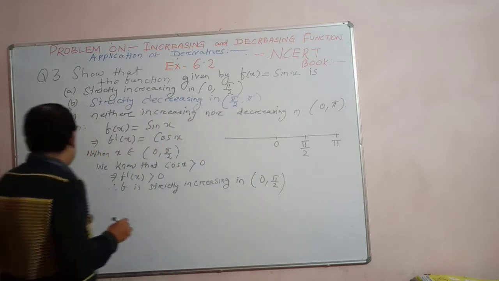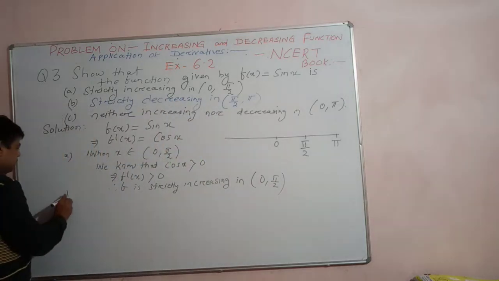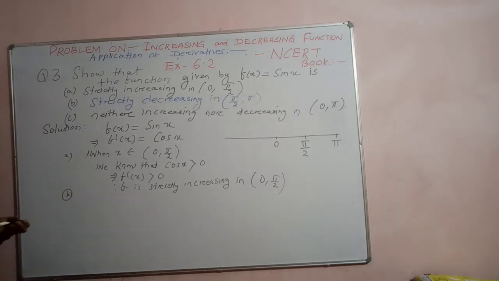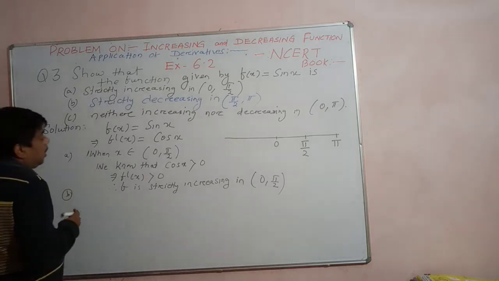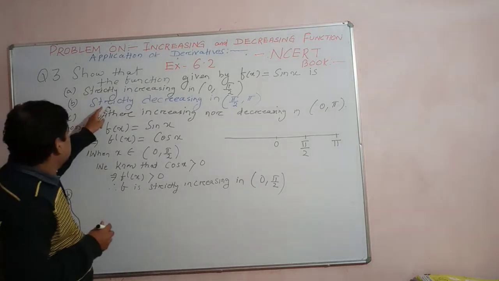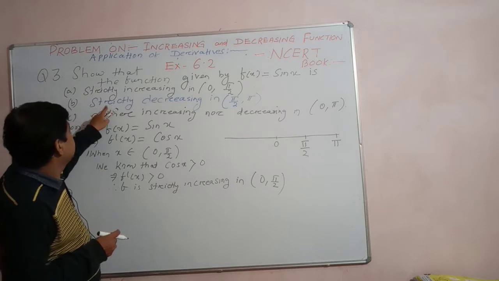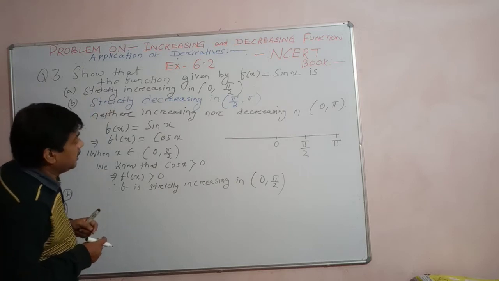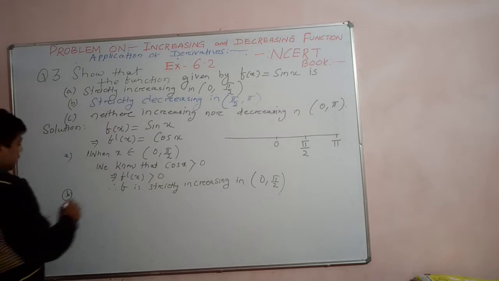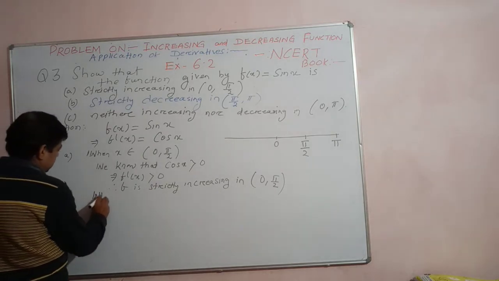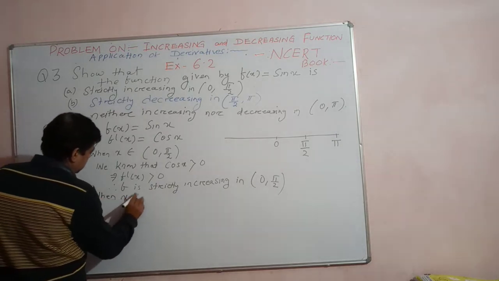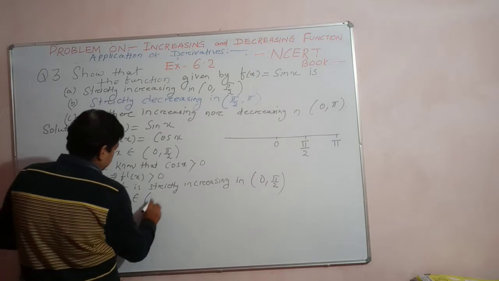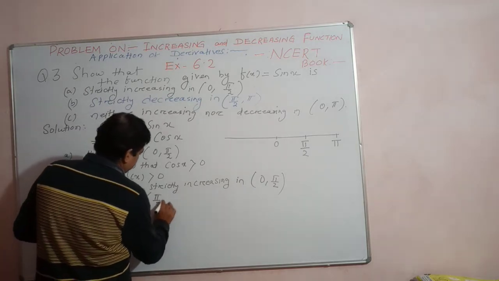Let us come to the second point. We have to prove that the function is strictly decreasing in the interval pi by 2 to pi, when the domain of the function lies in the open interval pi by 2 to pi.